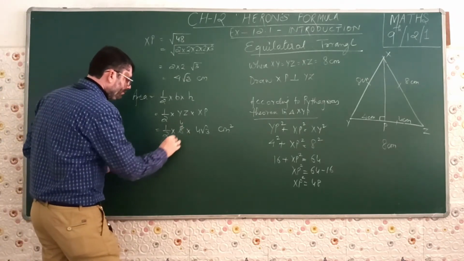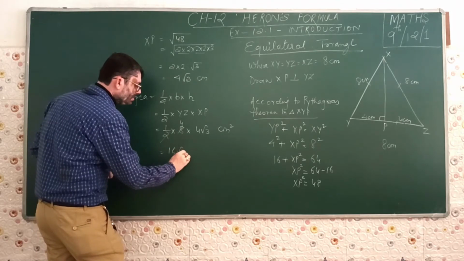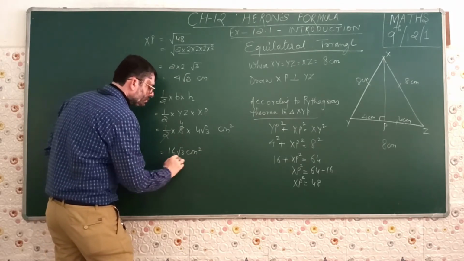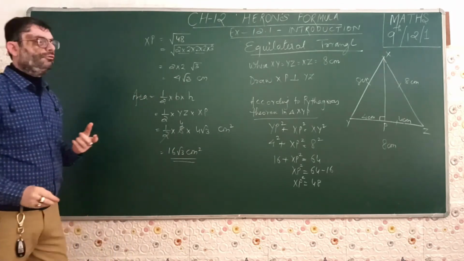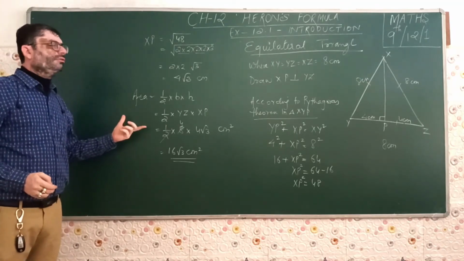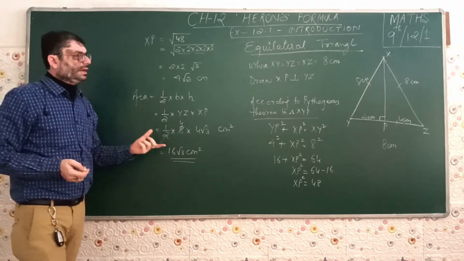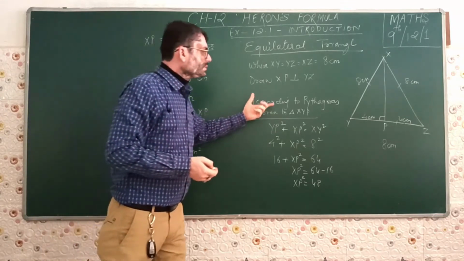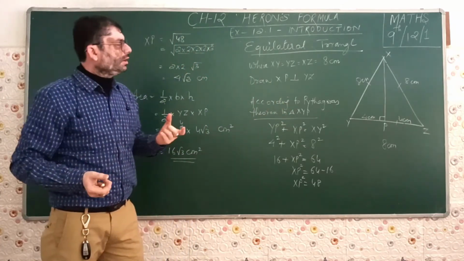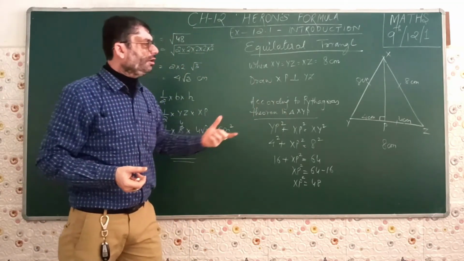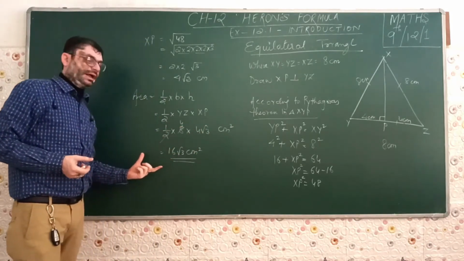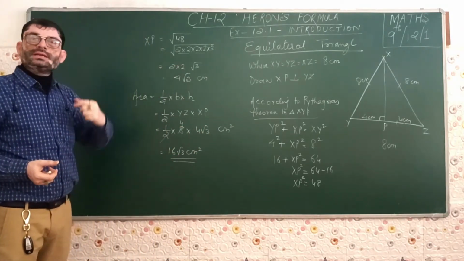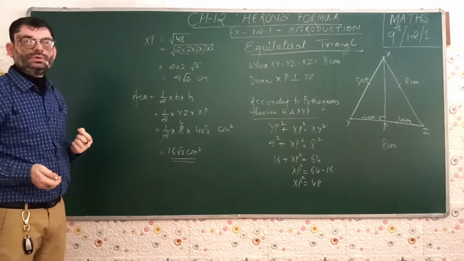Simplifying, we will be getting 16 root 3 centimeters square. This is the way, the steps, the method, of finding the area of an equilateral triangle by using the basic formula half into base into height.